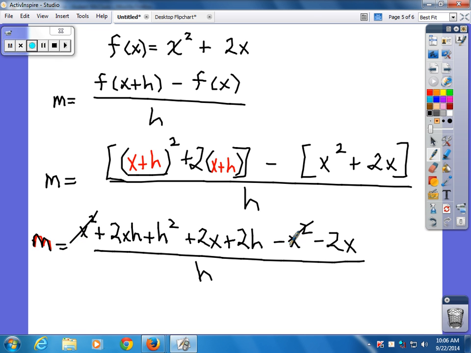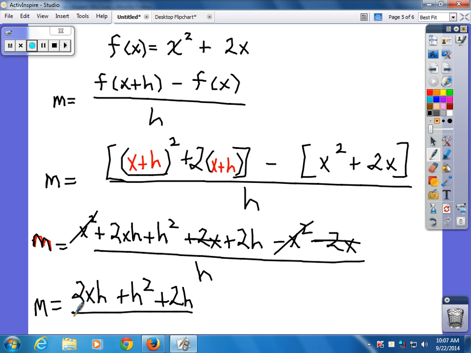And that will always happen, and the two x's will cancel. And you're left with 2xh plus h squared plus 2h over h.